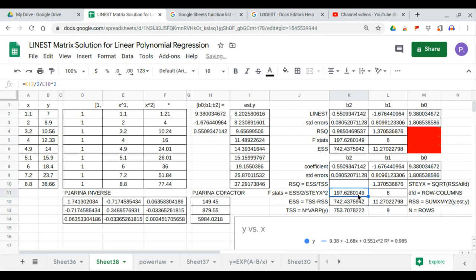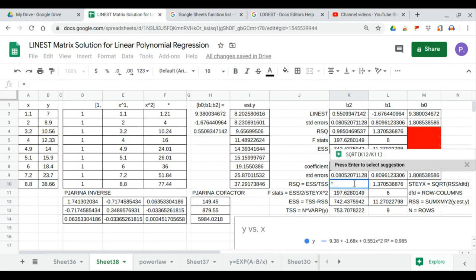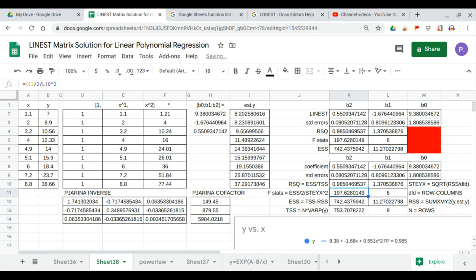So 197.62 matches our LINEST output. And R squared is equal to the regression sum of squares divided by the total sum of squares. 0.985 matches our LINEST output and our chart. This completes the use of LINEST and matrix solution for linear polynomial regression of the second degree.